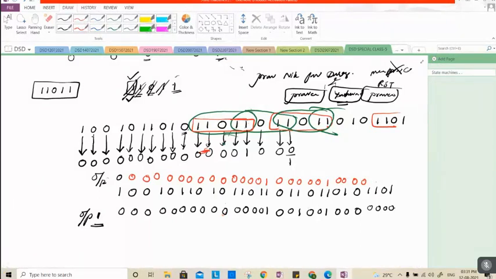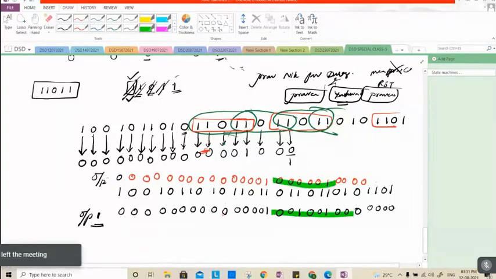Two difference చూడండి. Is there any difference between output 1 and output 2?